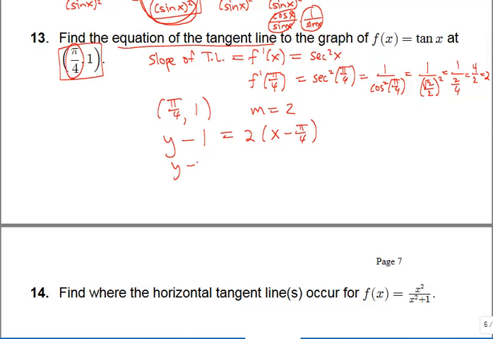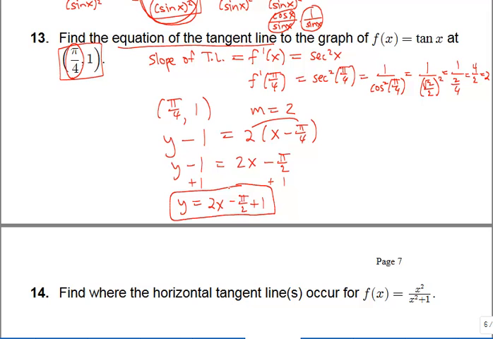So we get y minus 1 equals 2x minus 2 times pi over 4 reduces to pi over 2. And then I'm going to go ahead and add that 1 over to the other side. I can't really combine these because I have that pi in there, so I'm just going to push that plus 1 off to the side. So this is the equation of my tangent line.